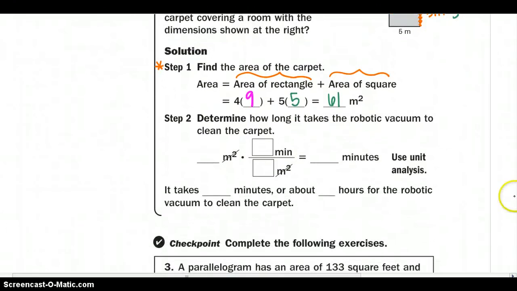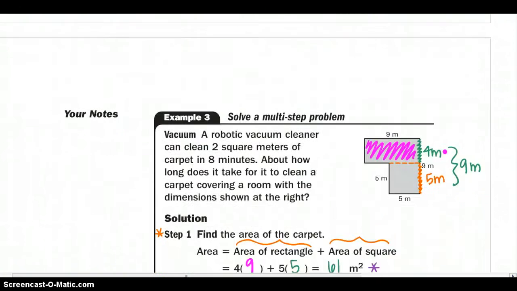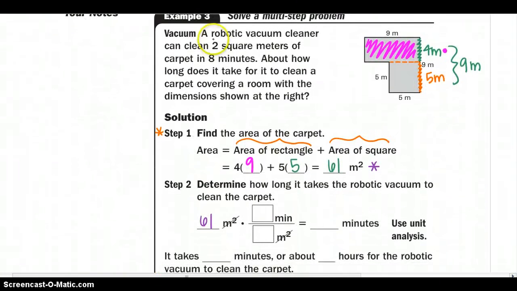Okay, determine how long it will take the robotic vacuum to clean the carpet. So I'm going to take 61 meters squared, what I got up here in step 1, equals how many I have, I have 2 square meters in 8 minutes. So I know I need my meters to cancel, so I need to put my meters on the bottom, and I can clean in 8 minutes.